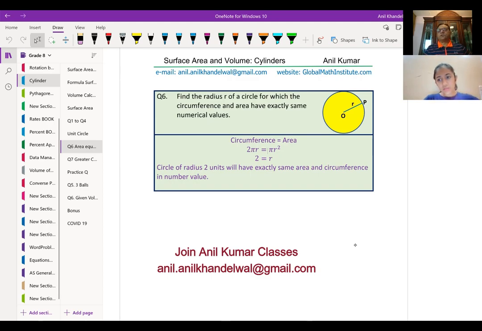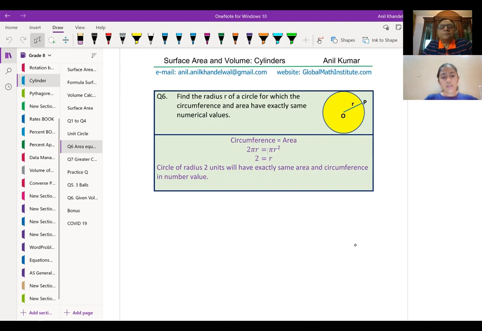So, can you please read the question? Yes. Find the radius r of a circle for which the circumference and area have exactly the same numerical value. So, circumference is equal to area. So, 2 pi r is the formula for circumference, correct? Area's formula is pi r square. If they are equal, we can equate like this and solve the equation. Pi and pi cancel, and we get 2 equals r. Is it okay? Because r and r also cancel, right?